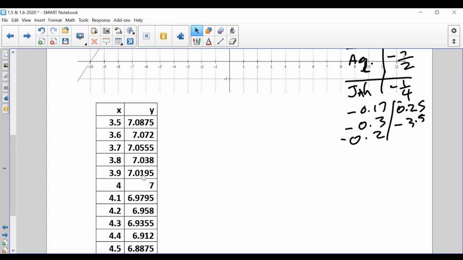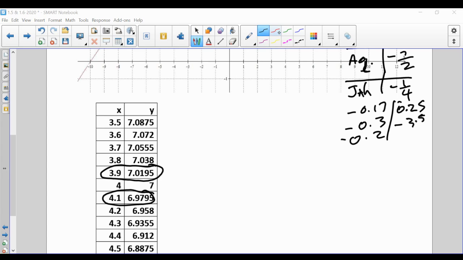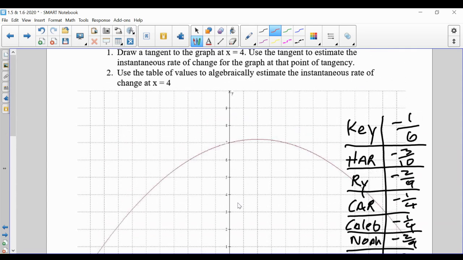What if we just simply used either one of these very close points here, along with the 4, 7, to get that IROC, because it's so close that it's almost like a tangent. So I'm picking 2 points that are actually on the line. One is actually at 4, 7, this point right here. And another one is so close to it that it's almost as if I was using a tangent line to connect those 2 points.